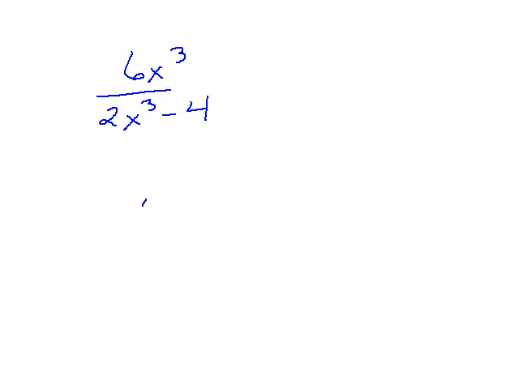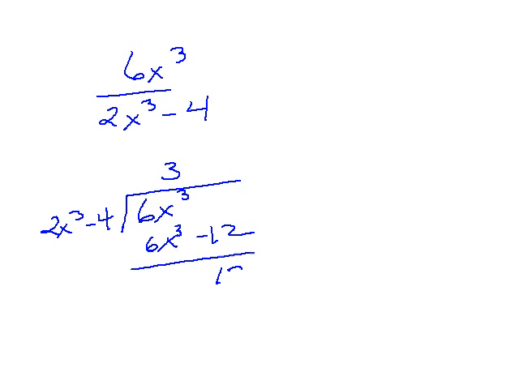So what I do now is I work out the long division. 6x cubed divided by 2x cubed minus 4. Well, I get a 3 up here, so that's 3 times 2, so 6x cubed minus 12. And subtracting gives me a 12. Now I don't go any further in my division, because I have a term that's less than the degree of what I'm dividing by.